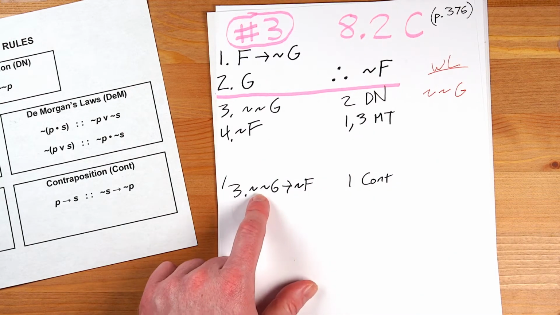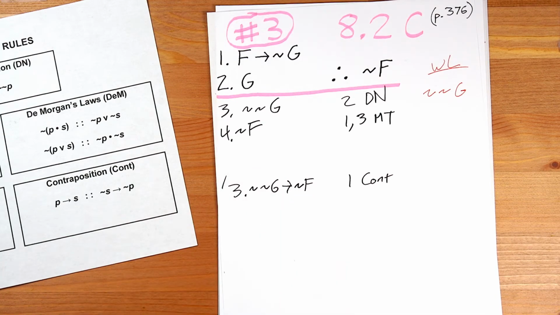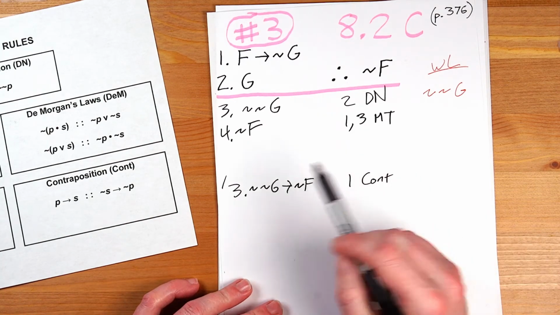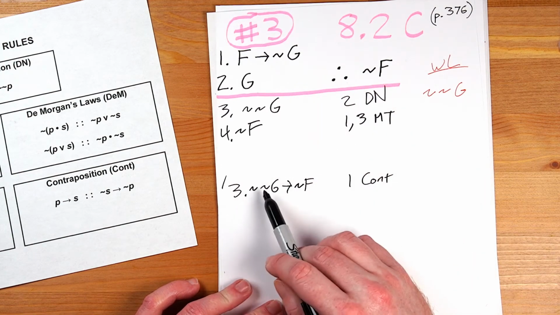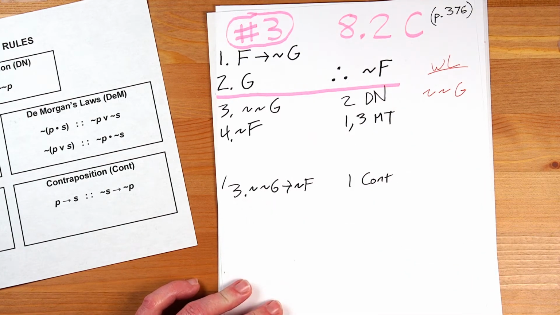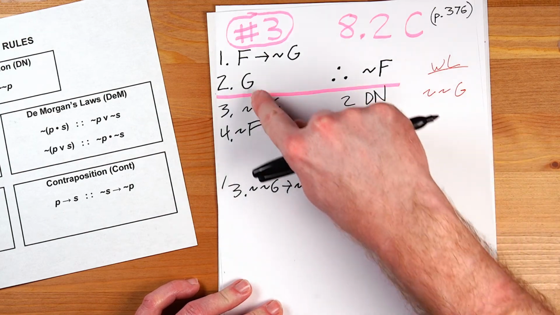So now we have: if not not G, then not F. And we could do modus ponens to get our not F if only we had not not G. Or since we already have G, we could do a couple things.